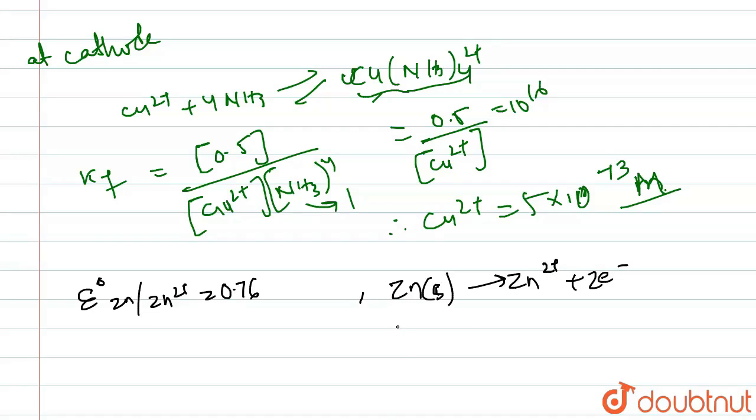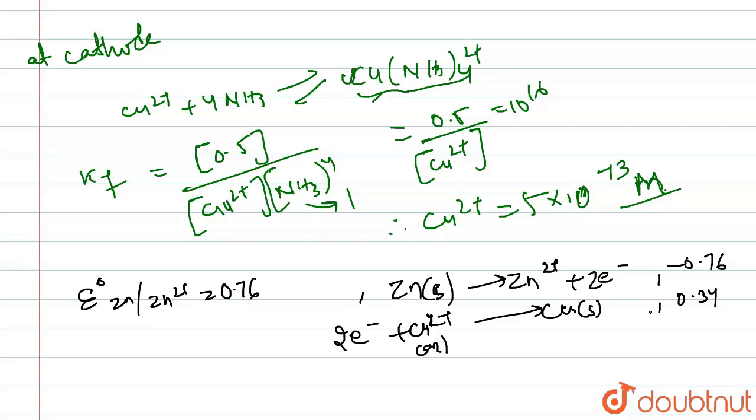And at the cathode it will be 2 electrons plus Cu2+ in aqueous form, and this will give Cu solid. The SRP for the anode is minus 0.76, and the SRP for our cathode is 0.34, as given in the question.